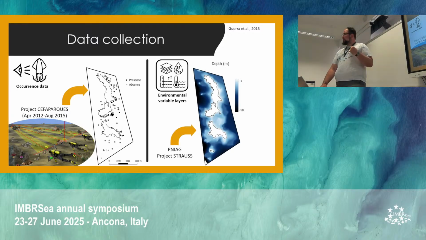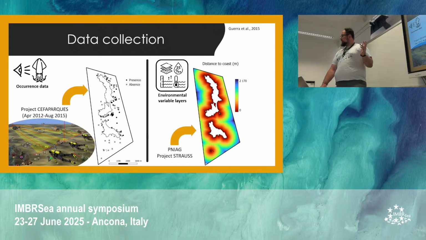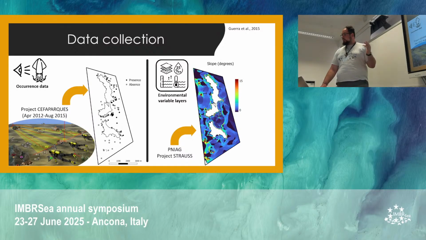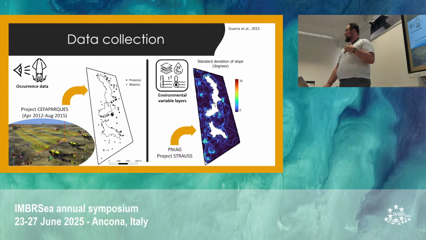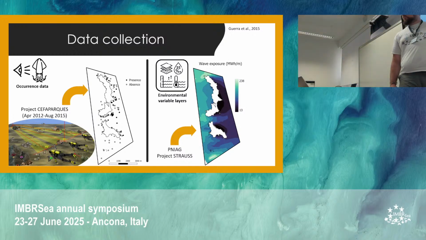I used a total of 8 environmental variables, and these were depth, distance from the coast, slope, standard deviation of the slope, which is a measure of the roughness of the terrain, wave exposure, and here you can see very clearly that there is a more exposed and a more sheltered coastline to the island.